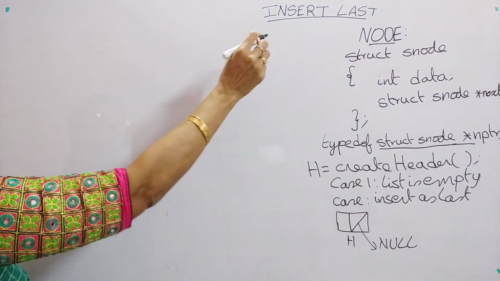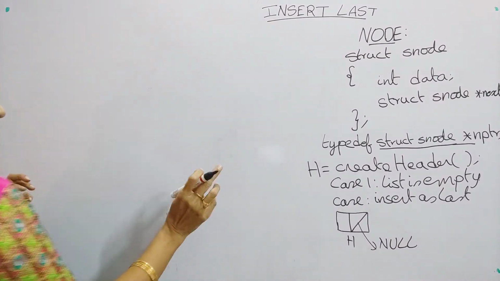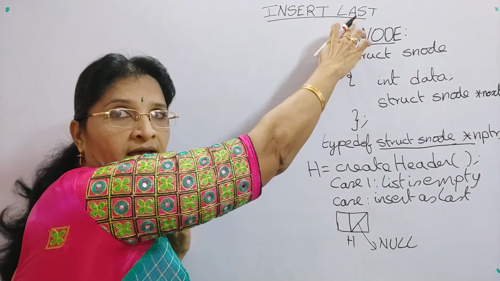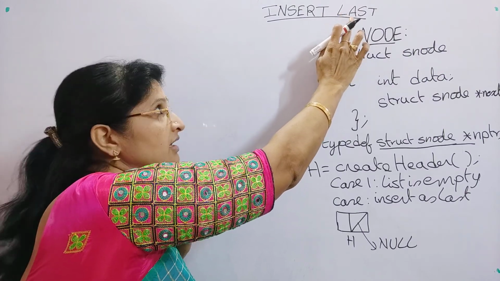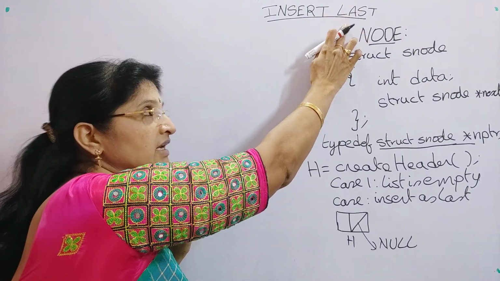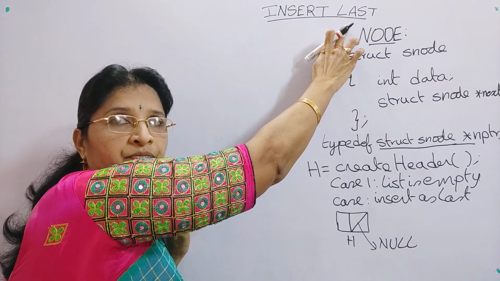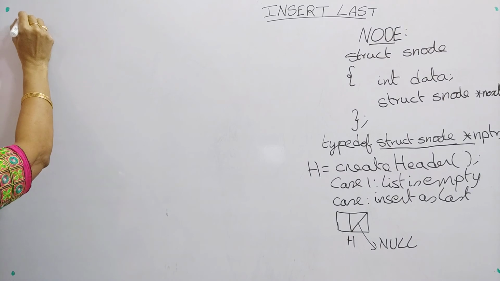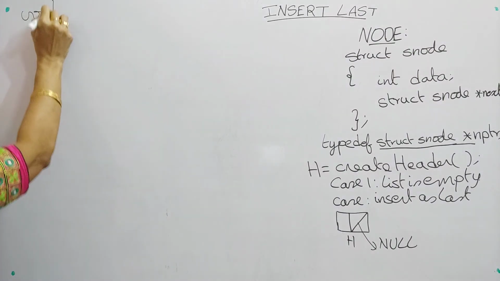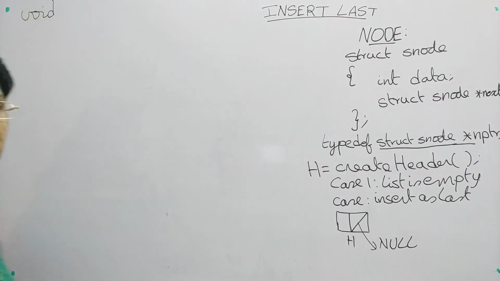Now we are writing the function. Whenever we want to insert a node at the last, we are inserting the node and we are not returning any value. So what will be the return type?